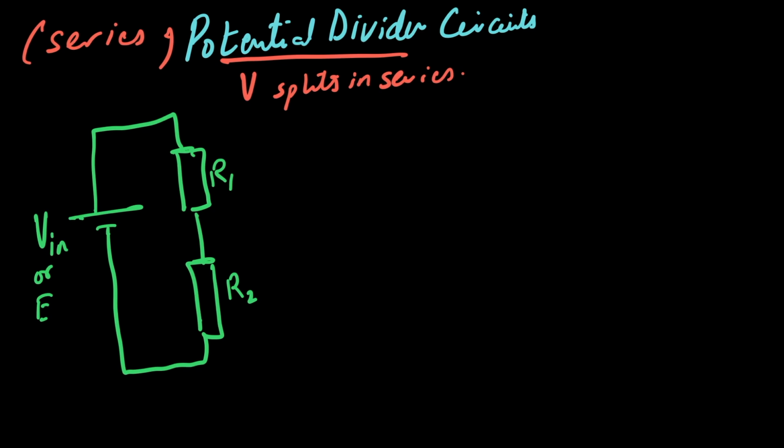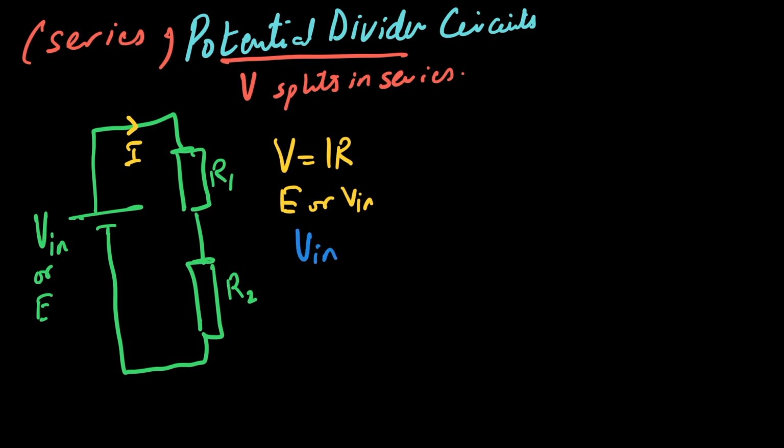And obviously when you connect them in series, there will be a current in the circuit, right? Now, the first step is to use V = IR, and instead of V, you put E or V input. So let's use V input.